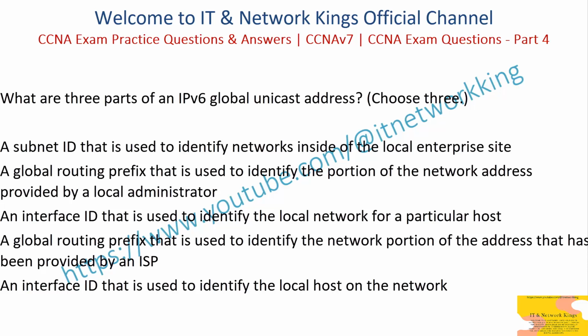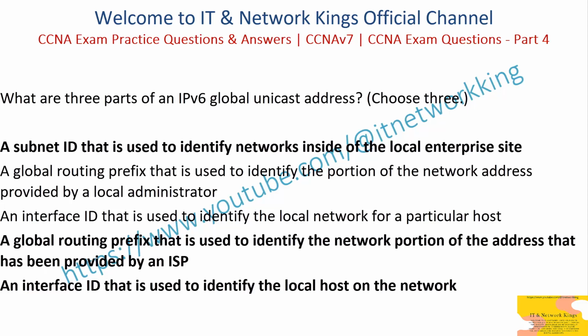A global routing prefix that is used to identify the network portion of the address that has been provided by an ISP. An interface ID that is used to identify the local host on the network. Answer, a global routing prefix that is used to identify the network portion of the address that has been provided by an ISP. An interface ID that is used to identify the local host on the network.